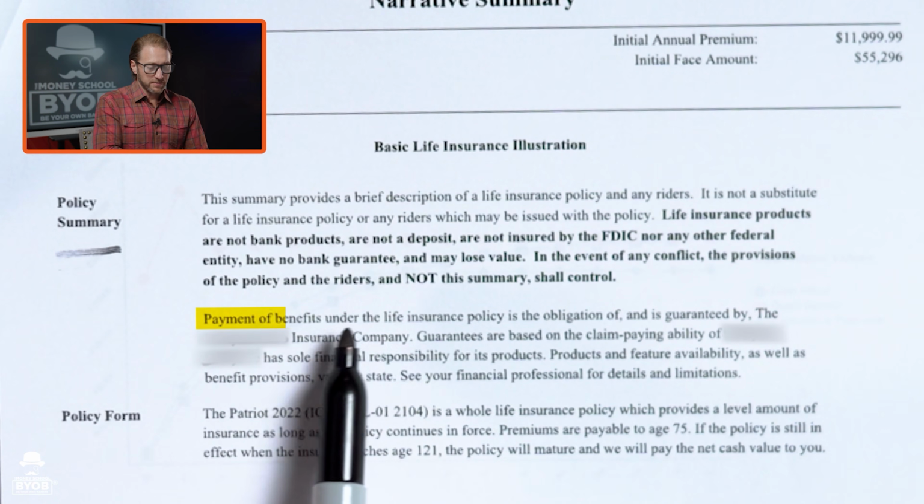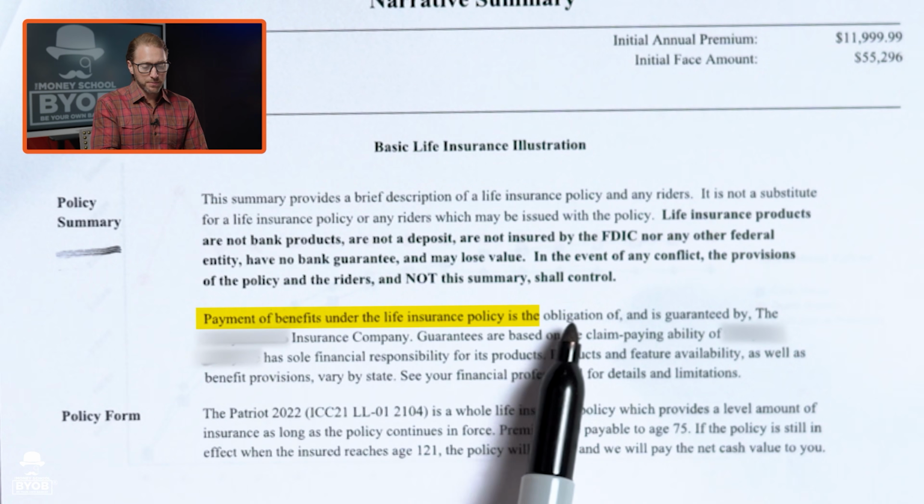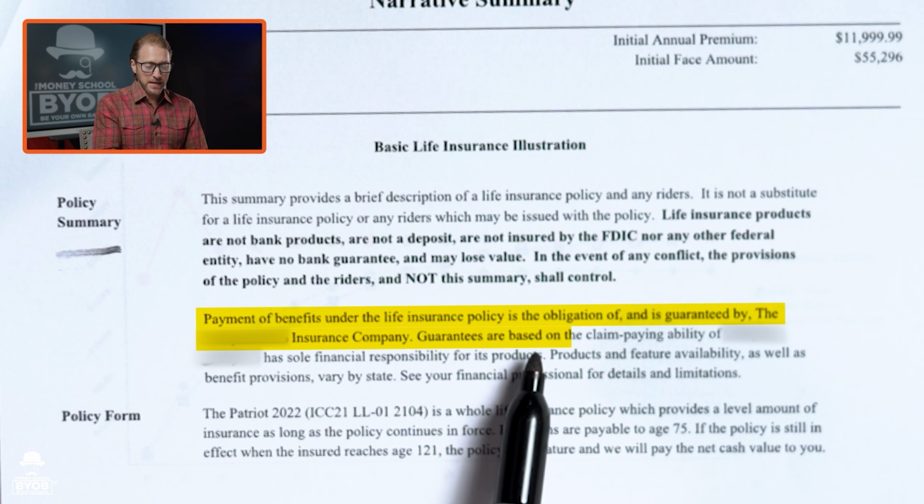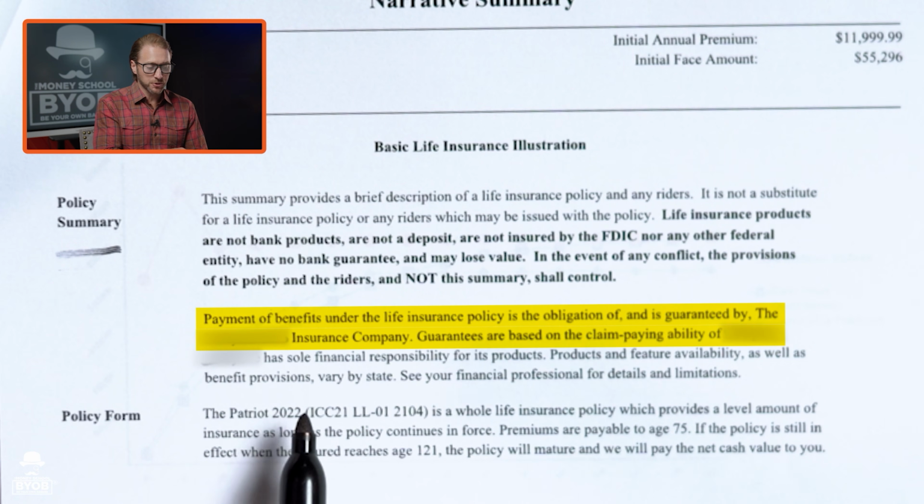So payments of benefits under the life insurance policy is the obligation of and is guaranteed by the insurance company. Guarantees are based on the claim paying ability of the insurance company and the sole financial responsibility for its products. So it's basically just telling you that this product is guaranteed by the insurance company and not guaranteed or insured like a bank account would be.